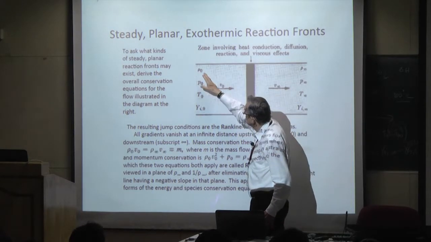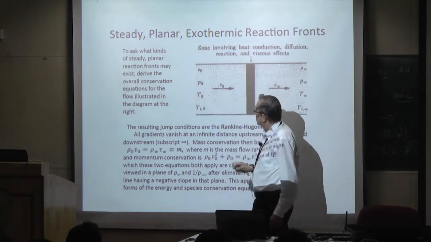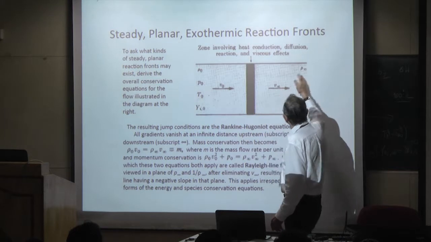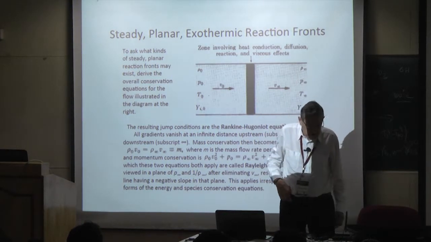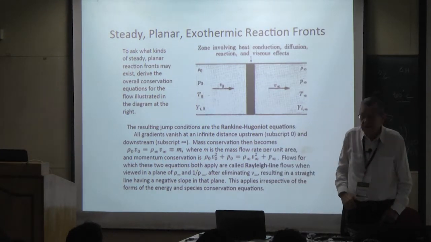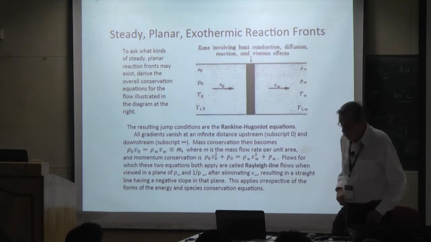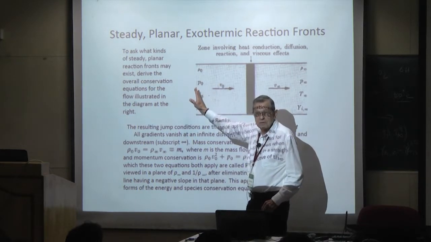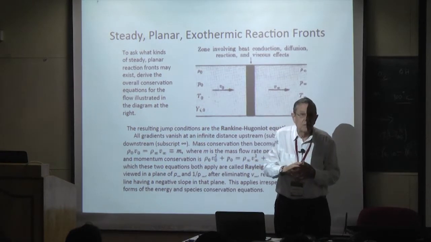The subscript 0 identifies conditions upstream in this steady flow, and the subscript infinity identifies conditions downstream. So the first thing to do is to look at the relation, for a given set of conditions upstream, to find out what the permissible conditions downstream are.